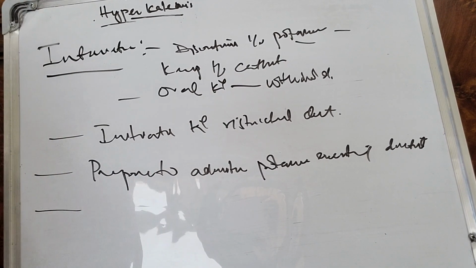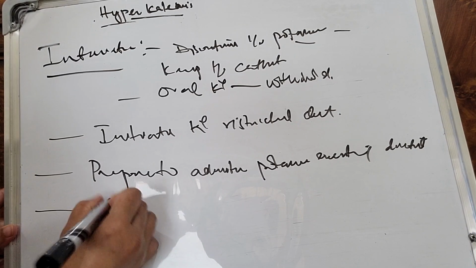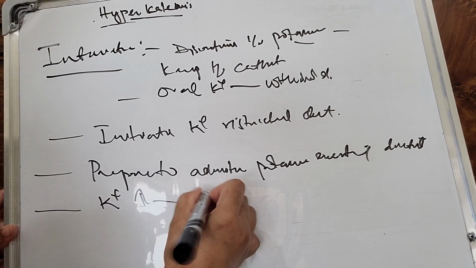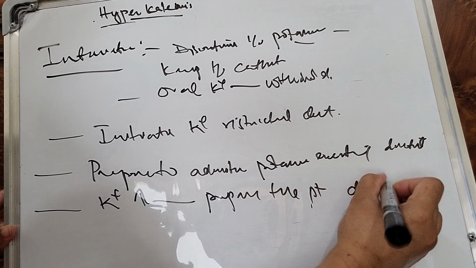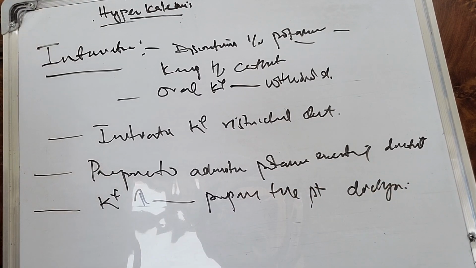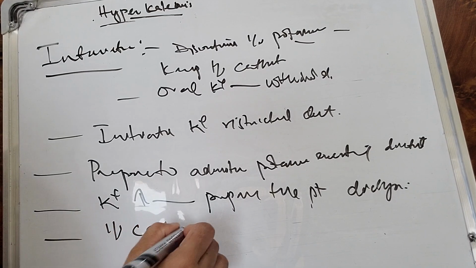Then prepare the client for dialysis if potassium is critically high. If potassium is critically high, what will we do? We will prepare the patient for dialysis. Then prepare for the administration of IV calcium. Why will we give IV calcium?